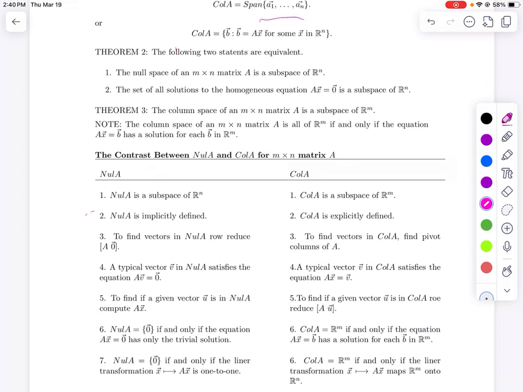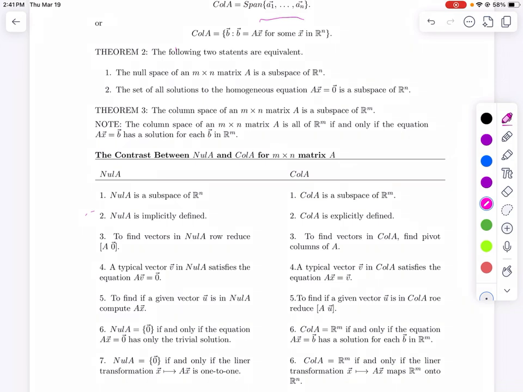It means the column space is basically in front of you. You look at those columns and you know that some of them or all of them are going to make up the basis of the column space. They're in front of you, you just have to pick the right ones.